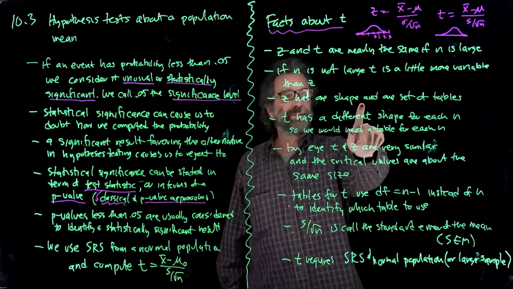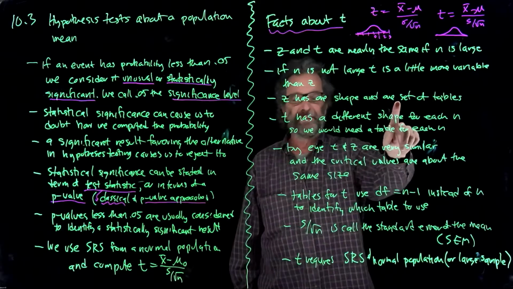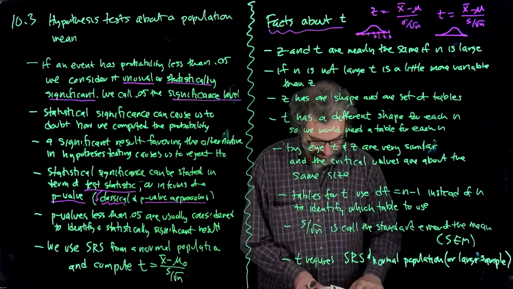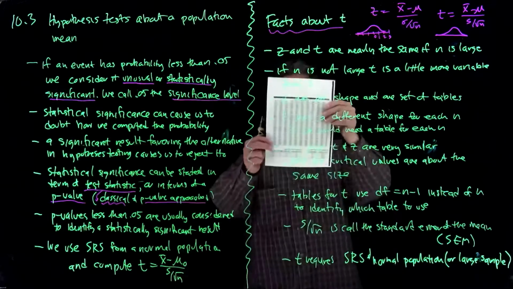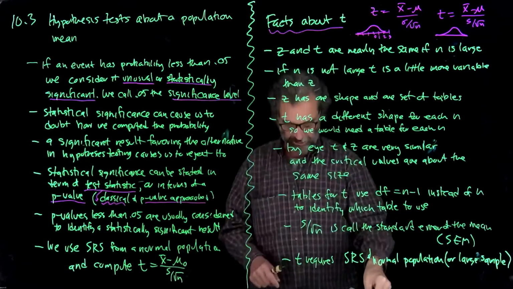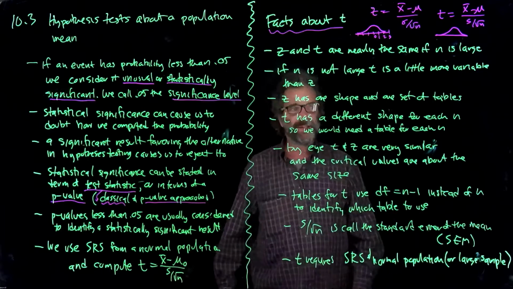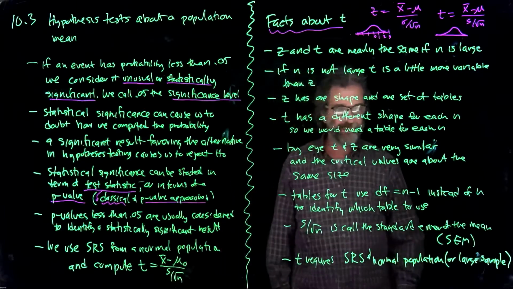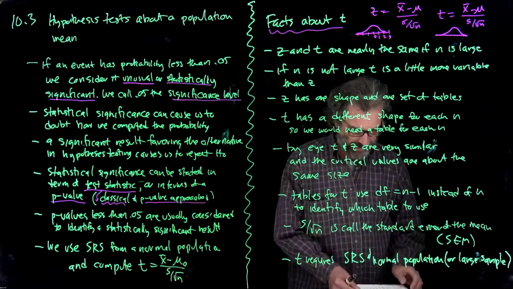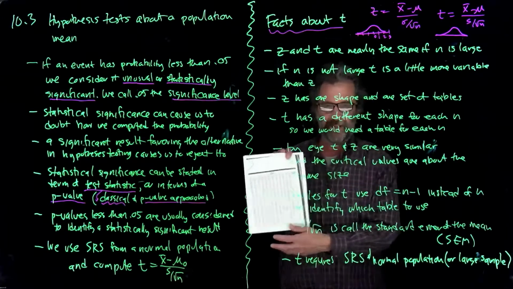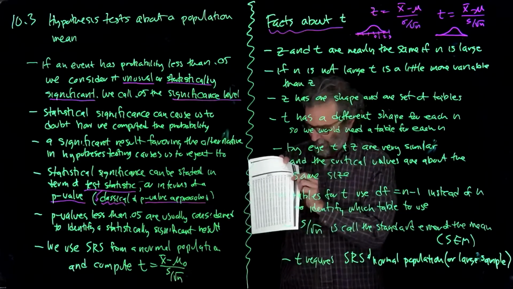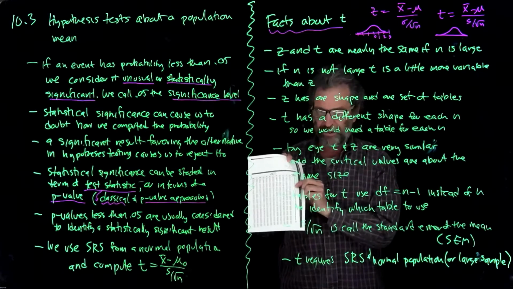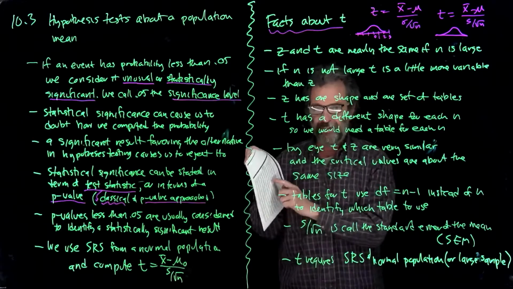Z has one shape and one set of tables that goes with it. So we've seen that before. The Z tables, I've got them here. It's two sides of this one page. T has a different shape for each n, so we need a table for each n. So instead of having a table for each n, I've got here t tables. On one side here, we'll have what's called the degrees of freedom, and across here I'll just have the tail probability.